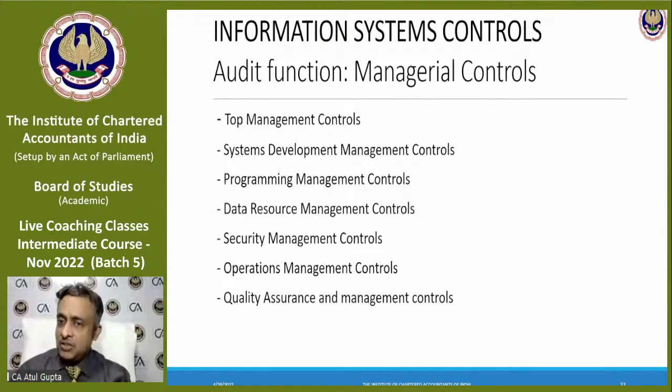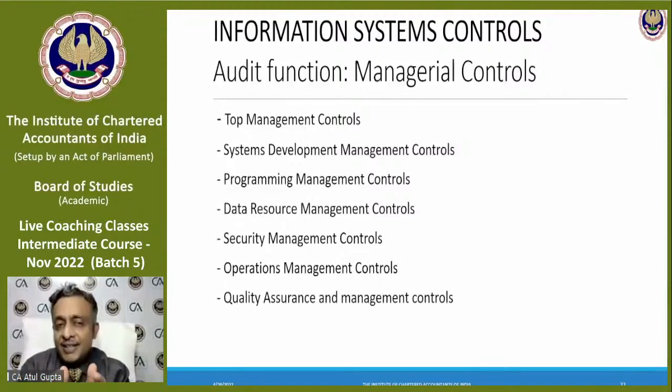When you are developing a system, system development requires proper tracking of the development effort, how the system is being developed, what the parameters for developing the system are, and how the system is going to be tested. Then within system development, when the program is being developed, the software is being created. So control on the software aspect of the program. You're creating software, you are going to use data. So control on data.